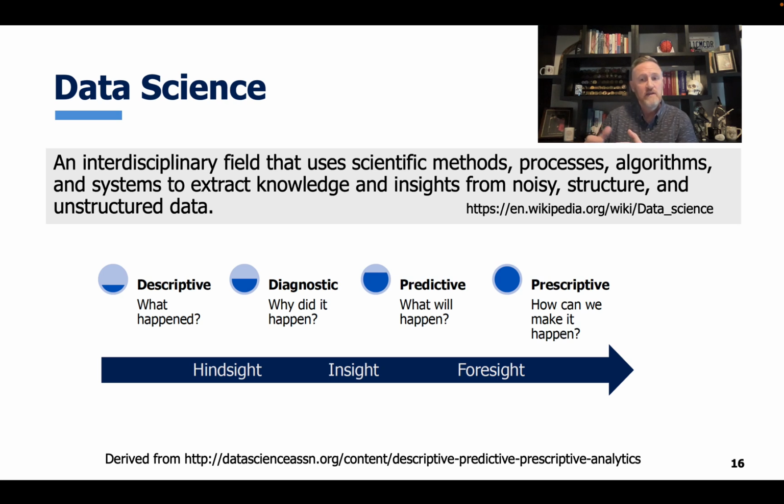Or you can be predictive, to forecast what is going to happen in the future if things continue as they are. So if I look at historic sales and I do nothing different, predictive is what's going to happen in the future. And prescriptive is, if I can understand the levers and factors that make things better or worse, can I have the knowledge to say what will happen if I make this decision, or what will happen if I make that decision? That's prescriptive. Those are the four things that we're using data science to understand. It's primarily done for improved decision support.